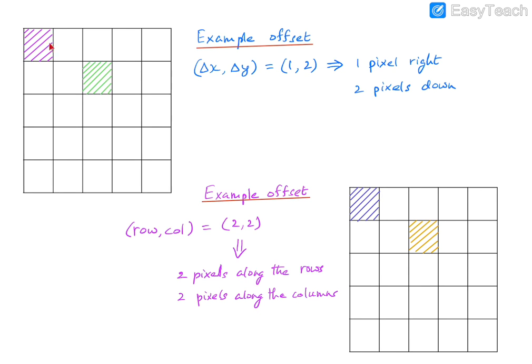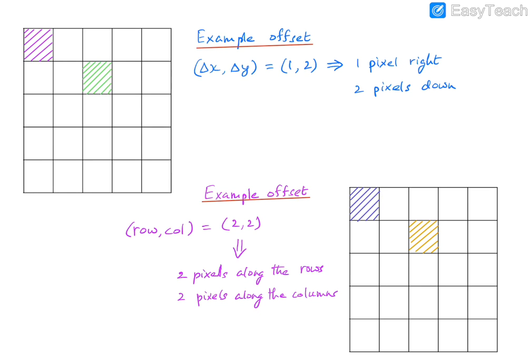Okay, so let's look at this particular image pixels where I marked this pixel in pink. With reference to this pixel, what is the offset pixel which is at an offset of 1, 2, where 1 and 2 represent the delta x and delta y parameters? Delta x denotes the number of pixels that we move in the horizontal direction to the right.